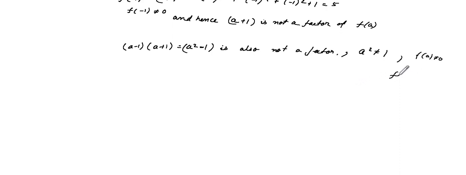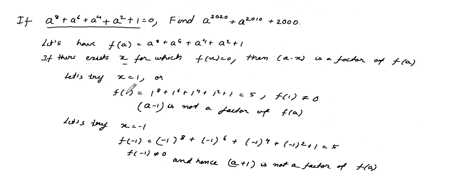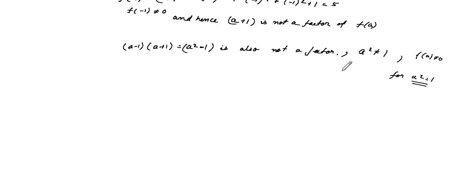So a square is not equal to 1, and hence a square minus 1 is also not equal to 0.